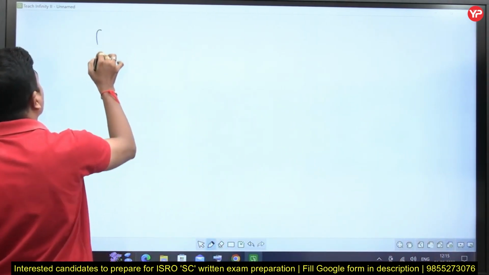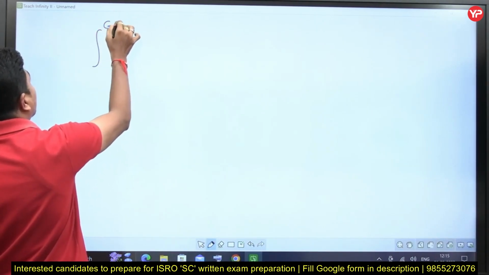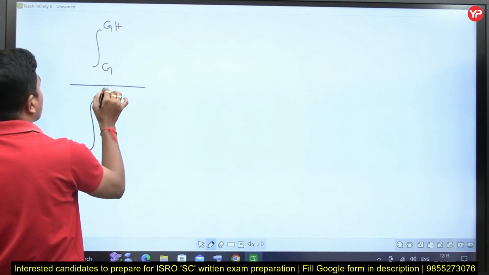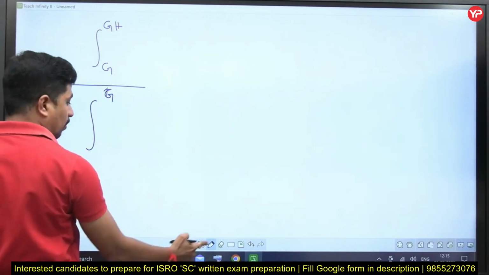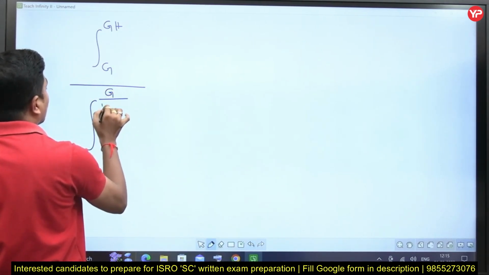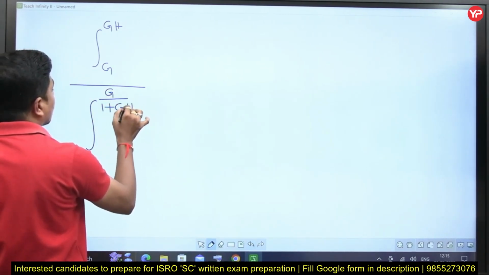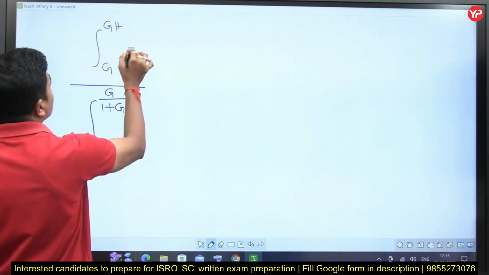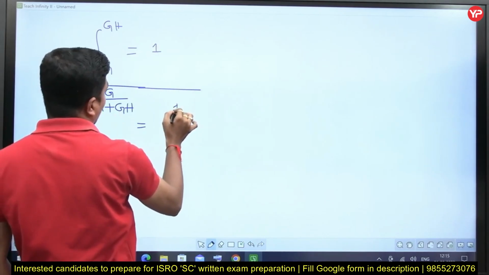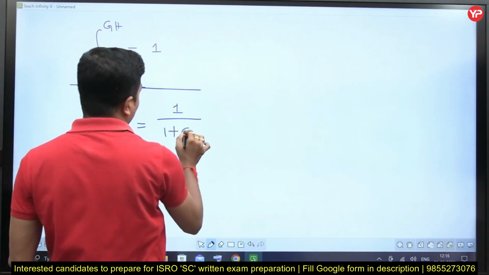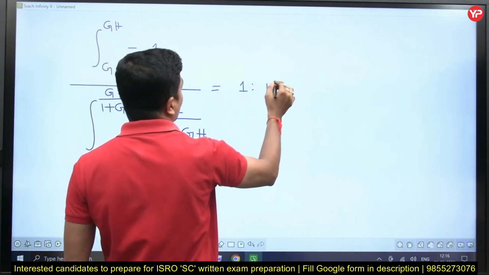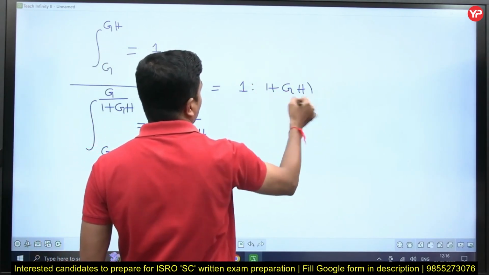So the ratio of the sensitivity of GH with respect to G, by the sensitivity of G by (1 plus GH) with respect to G. This is equal to 1 and this is equal to 1 by (1 plus GH), right? So this can be written as 1 : (1 plus GH) inverse.